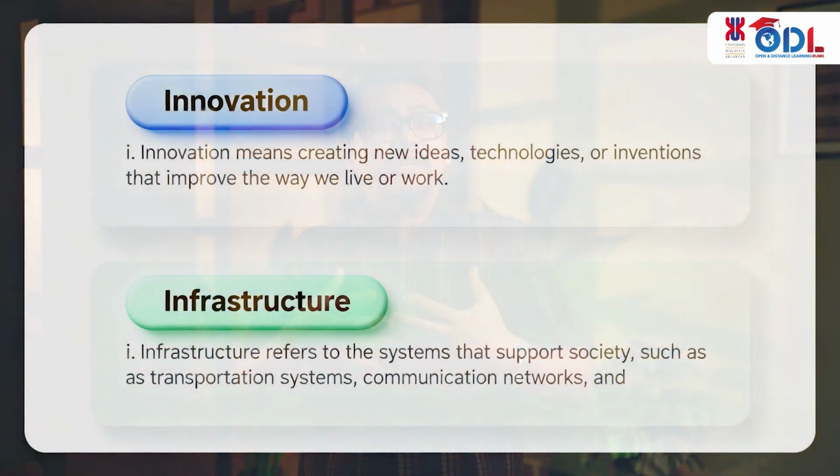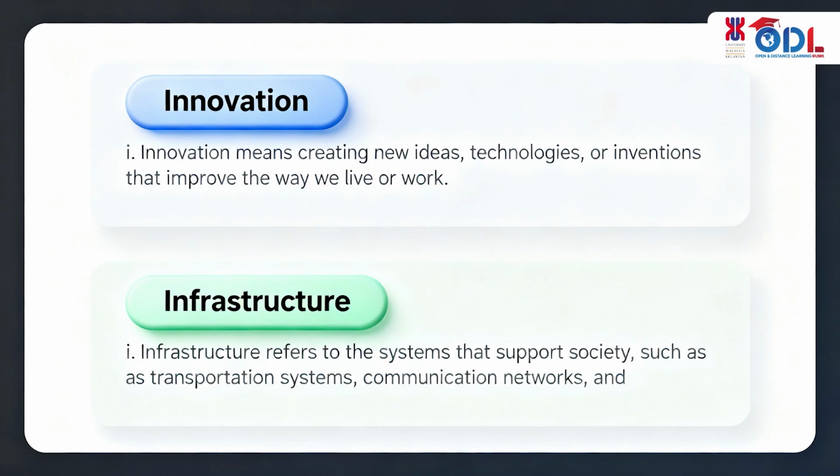Let's begin by understanding the key terms in this unit. The first word is innovation. Innovation means creating new ideas, technologies, or inventions that improve the way we live or work. For example, smartphones, online banking, and artificial intelligence are all innovations.